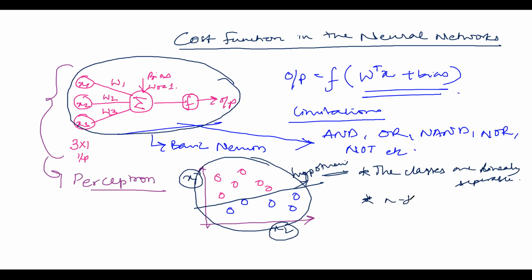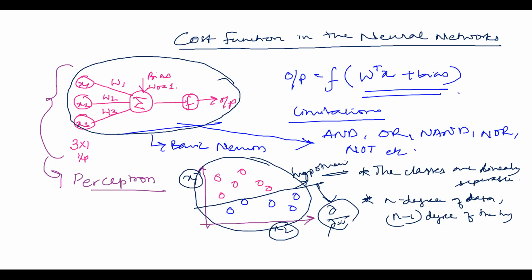If n is the degree of my data, then n minus 1 will be the degree of the hyperplane. Simple, right? Because it is like a derivative: if I differentiate x to the n, it will be n into x to the n minus 1. If x squared, then it will be 2x, one degree less. So one degree less than the data set.